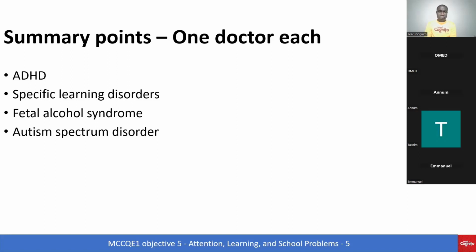How do you make the diagnosis of specific learning disorders? We will diagnose it by history, and psychometric measures to confirm. And how do you manage them?